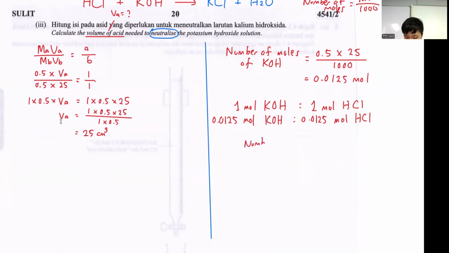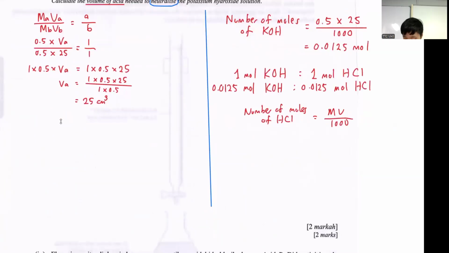So number of mole of HCl equals MV over 1000. So you try to make V as a subject.